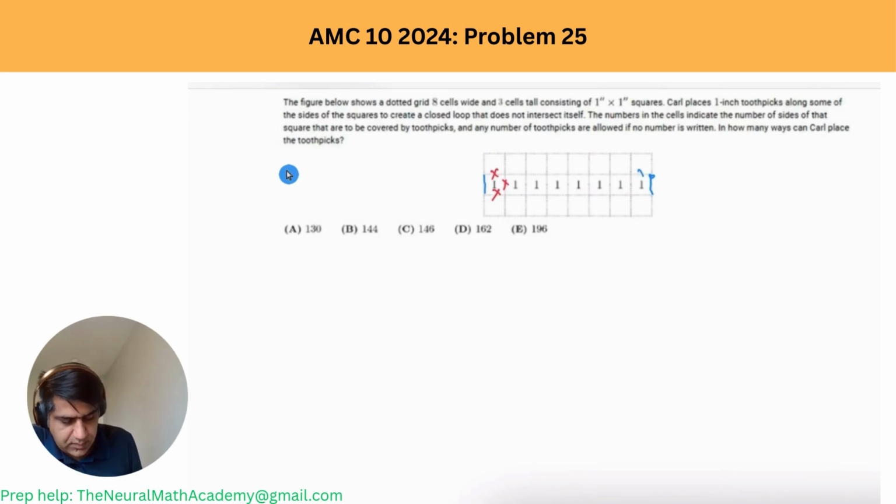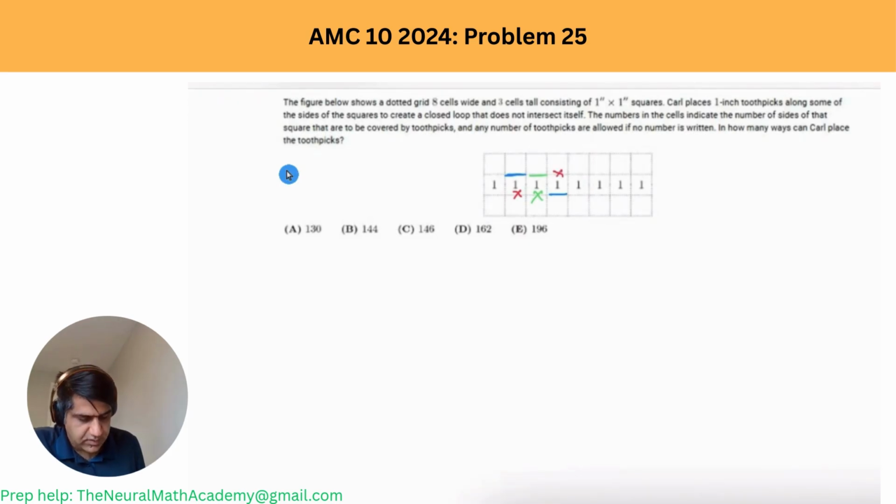So that is one restriction for the edges. And another is, if we have a toothpick along this edge, then we cannot have one at the opposite edge. Or if we have it along this edge, again, then we cannot have it here. Or vice versa. If we have it here, then we cannot have it here.